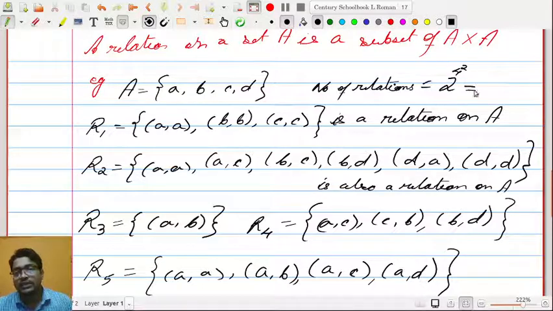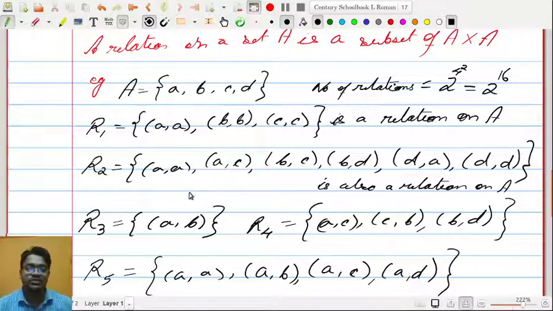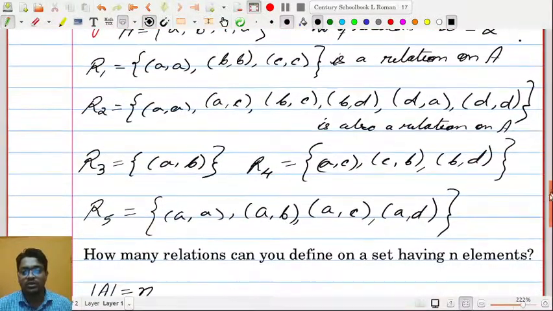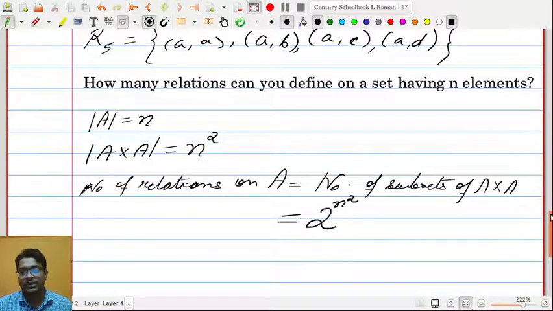So that's actually a huge number, 2 to the power 16. Because A cross A has got 16 elements, each subset of A cross A will give us a relation, right? And there are 2 to the power 16 subsets of A cross A. So we can define 2 to the power 16 relations on A.